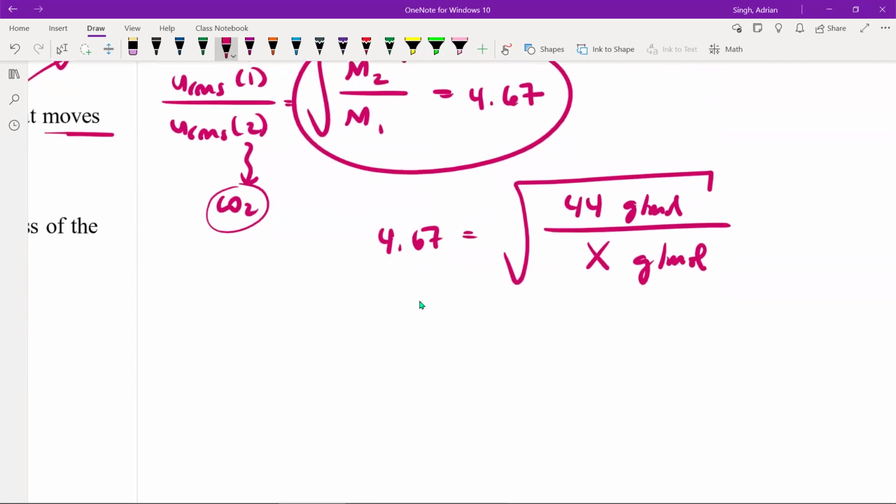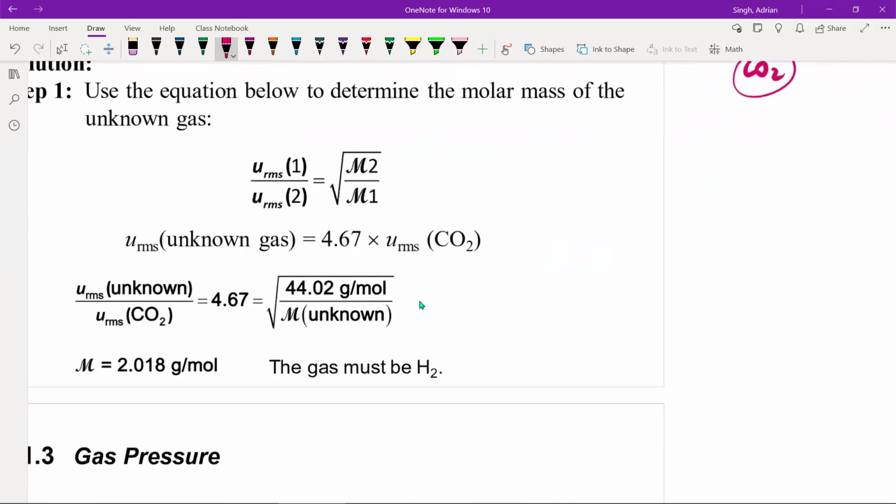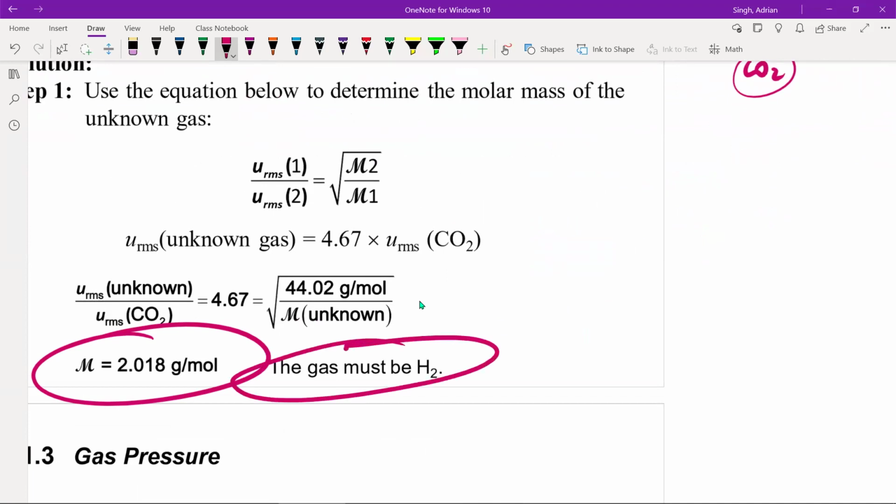Now this just becomes a math problem. We just need to solve this equation for X. So we evaluate, we solve, and what we find is that the molar mass ends up being 2.01 grams per mole, and the only diatomic gas that would have that molar mass is hydrogen, H2.